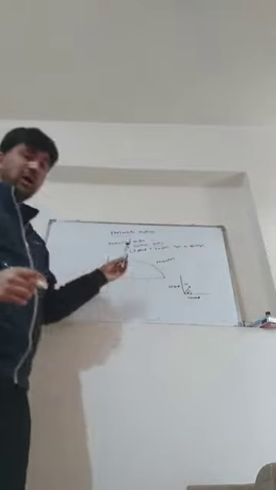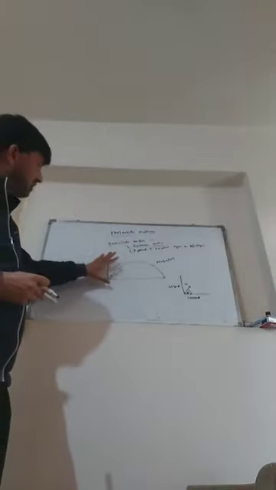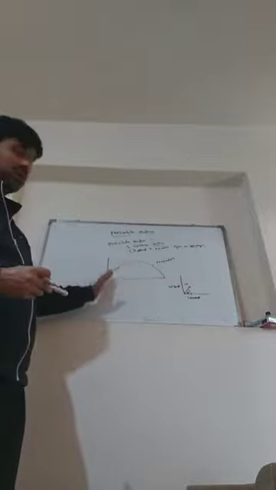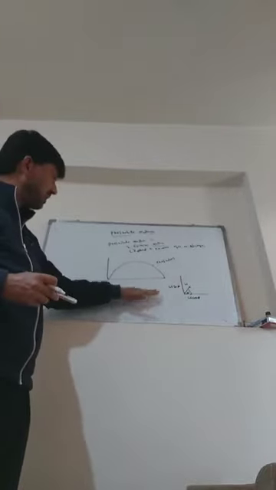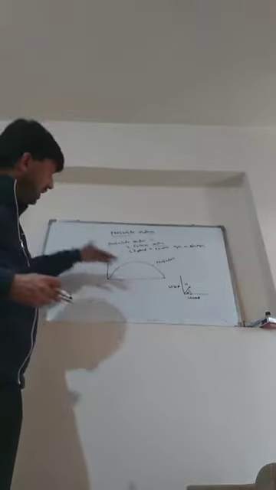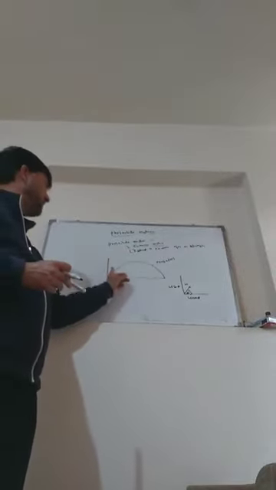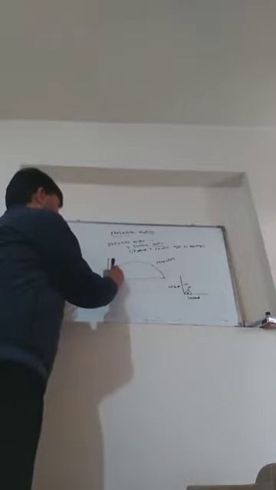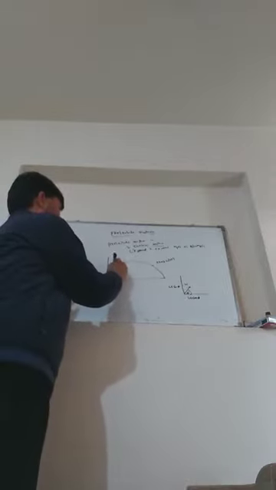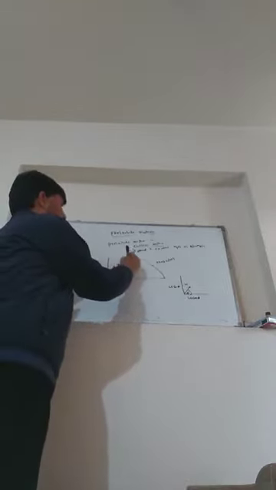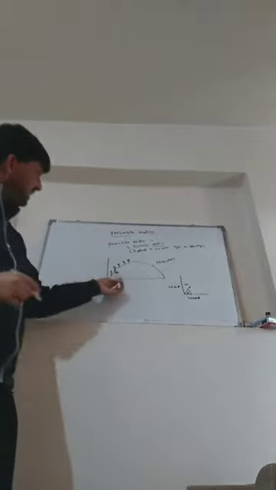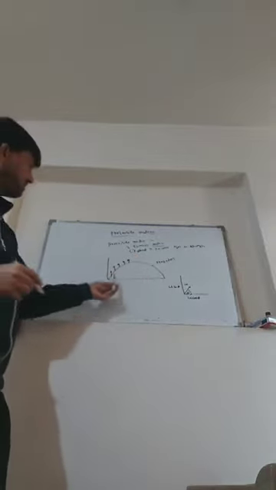When a body is thrown up, its velocity gets resolved into rectangular components. u cos theta is the horizontal component, which acts on the body horizontally throughout the course of motion. The vertical component, u sin theta, acts upwards and goes on decreasing. Why does it go on decreasing? Because it is acted on by the force of gravity.